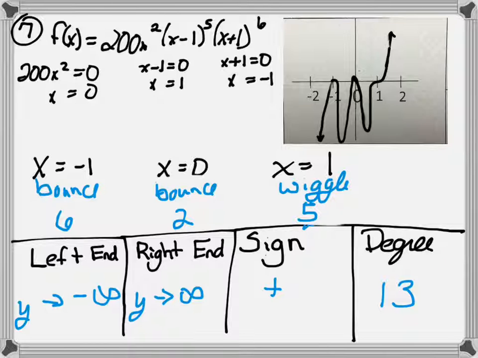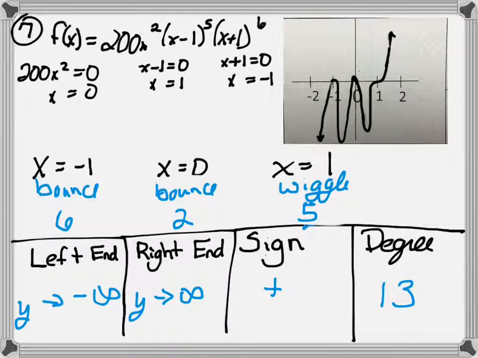Now comes the movement part. When the degree is even, that means your degree down here in the corner was even, it has nothing to do with the coefficient number. Even degree, and it was a positive coefficient. So just like the last two things we did, what did your end behavior look like?